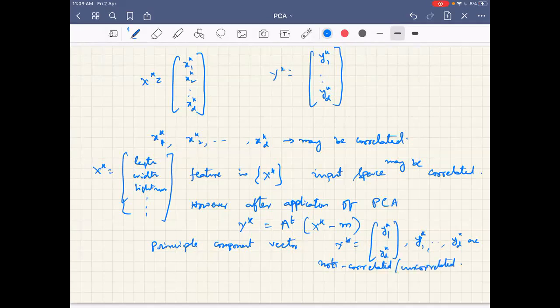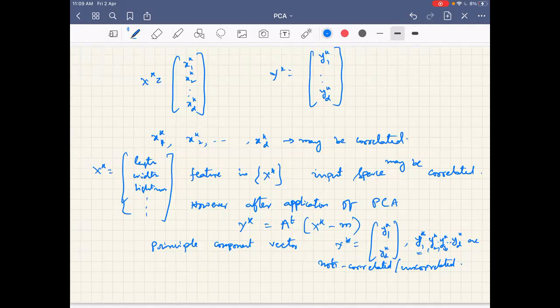That is, y1k has information that is complementary to y2k, and y2k has information complementary to y3k, and so on. Each of them has complementary information. That is the reason why dimensionality reduction is feasible here.